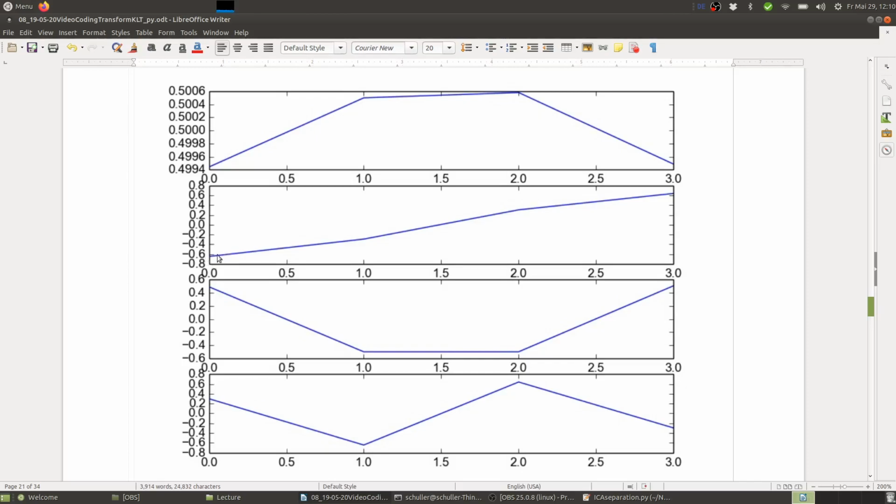Then here you have this slowly changing impulse response going from negative to positive. The next one is changing from positive to negative and back to positive. And then this goes up and down. So it looks like low pass, band pass, high pass.